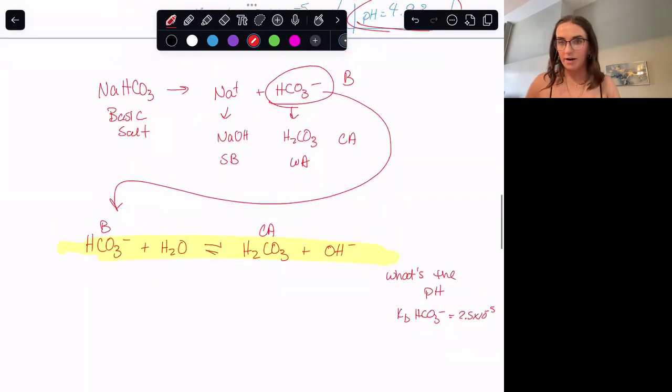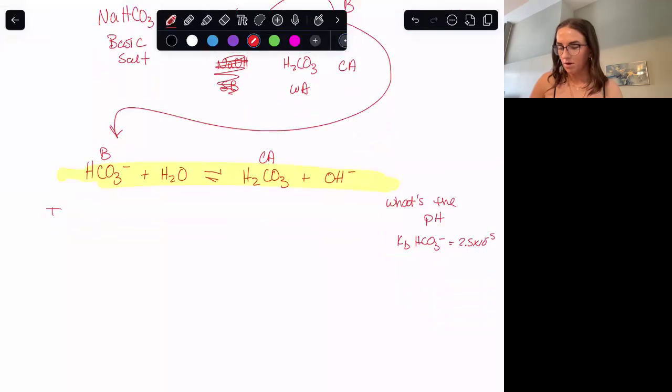So we don't care about our strong base component. We just care about the weak component. So we're going to take our weak base and add it to water to form our weak conjugate acid and OH minus ions. We're going to form our ICE table.